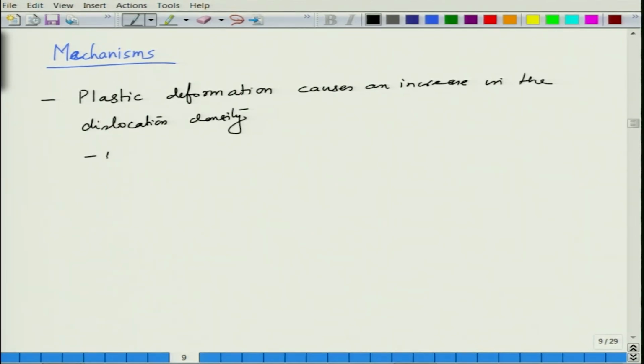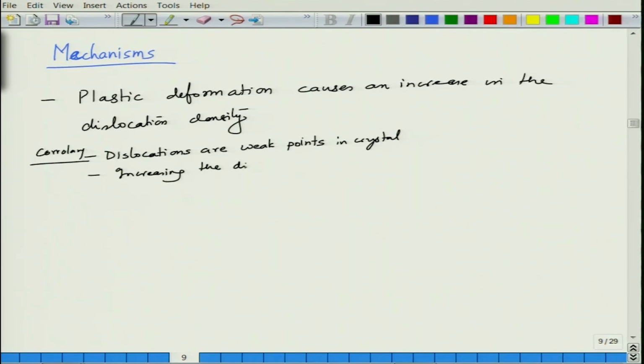And although we say dislocations are weak points in the crystals because they reduce the stress that is required to deform a material, this is something that we stated earlier, that dislocations are weak points. So, increasing the dislocations should lower the stress.